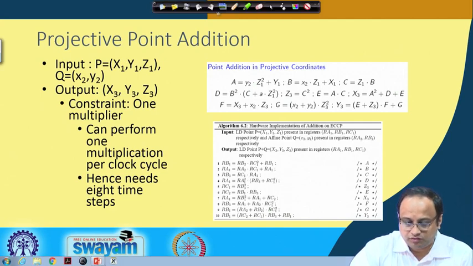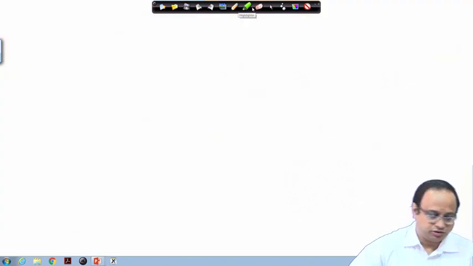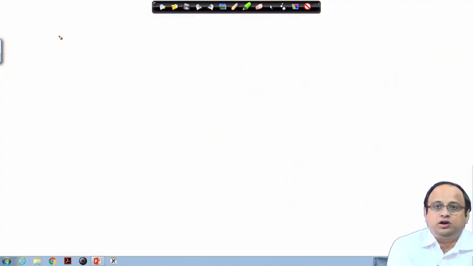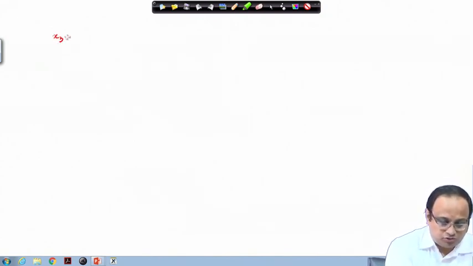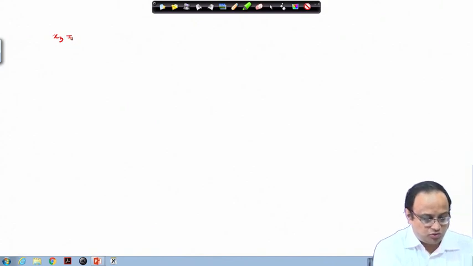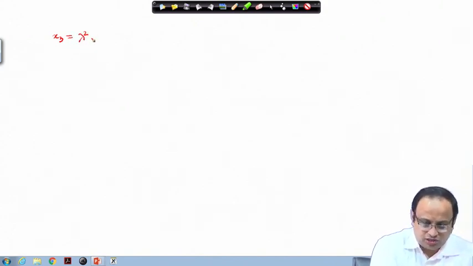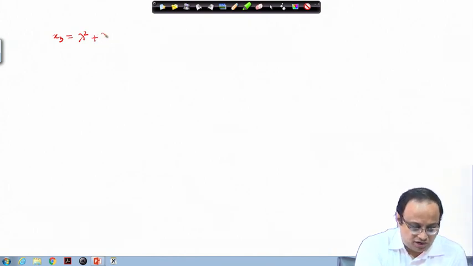So, let me try to explain that. If you remember the original affine coordinate equations, they were as follows. You had x3, which is equal to, and I will use lambda to store the slope in this case, lambda square plus lambda plus x1 plus x2 plus a.